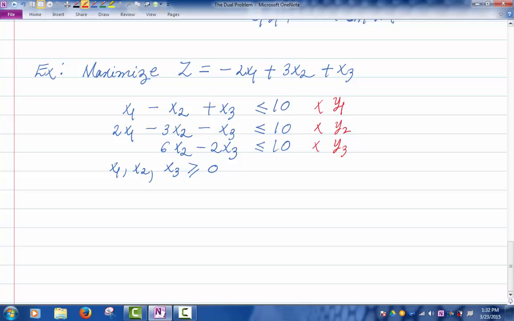Alright, so can someone tell me, if I multiply the constraints by y1, y2, and y3 and add them together, what's the coefficient of x1 I get? Plus I'm going to get a certain coefficient of x2 plus a certain coefficient of x3, right? And then I'm going to get less than or equal to what?